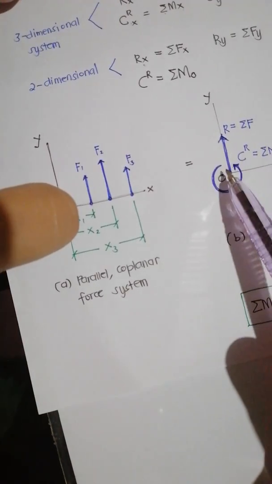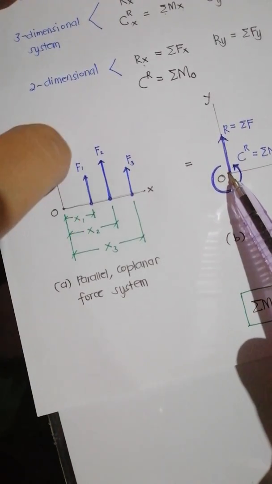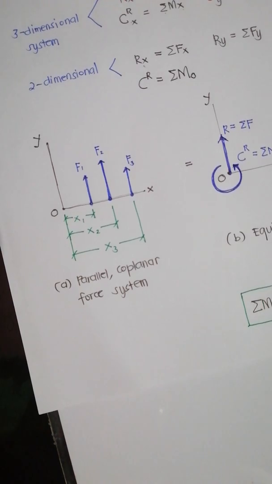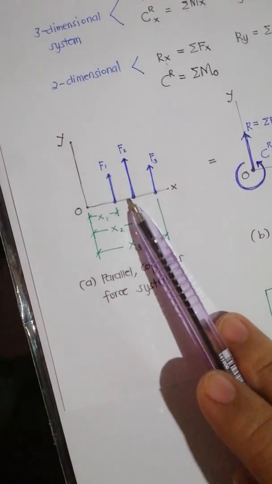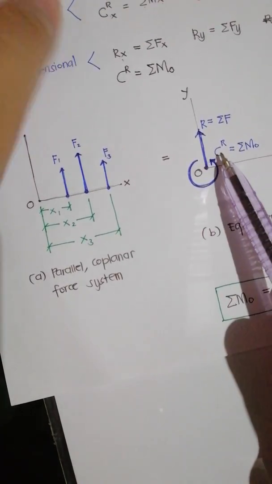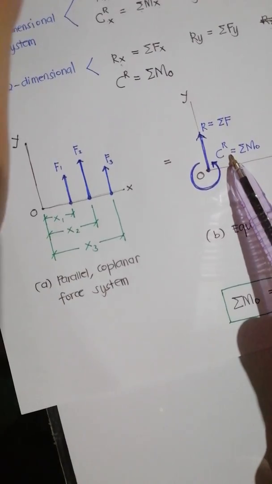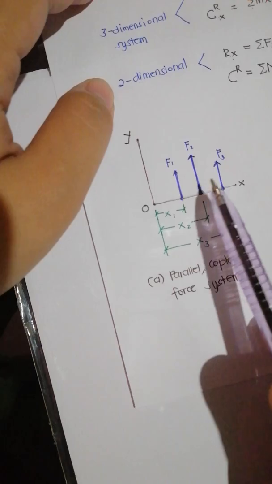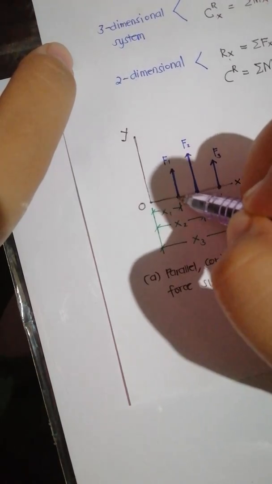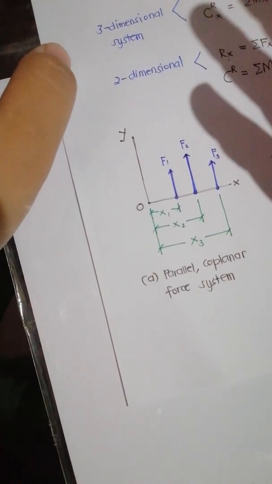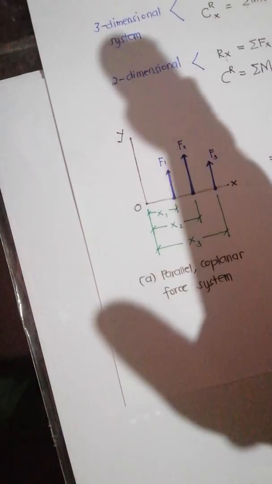With everything now at the origin, we could simply convert it into a resultant force, a single equivalent force, simply by summing up all of the forces. And for the couple resultant, we simply sum up all of the moments of each of the forces about point O. Remember that the couple of transfer is equal to the moment of the force about the transfer point.